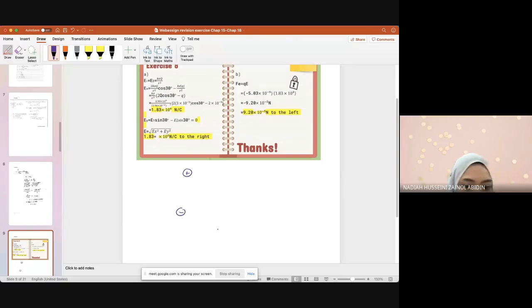Then there is a charge here, a charge here, and a charge here. This is P, and then here is 30 degrees, 30 degrees.